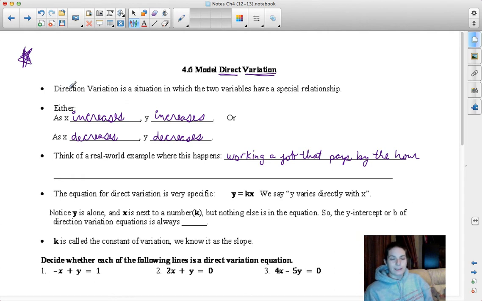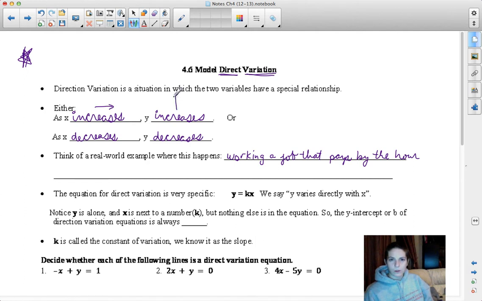Now, what is it? Direct variation is a situation in which the two variables have a special relationship, either as x increases, so as we look from left to right, the x's get bigger, and the y's increase.